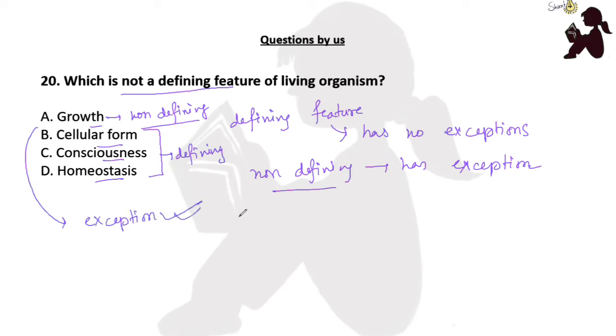Exceptions are present because, suppose, mountains and sand mounds, they grow from outside to inside by accumulating more on the surface.